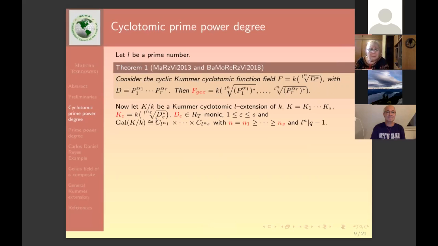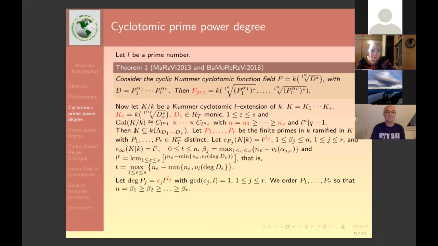And now let me introduce more notation. So we go to a more general case. We have a Kummer cyclotomic L extension, but now it's the composite of this. So we still have one prime L, but we have several radicals. And then we introduce all this notation.